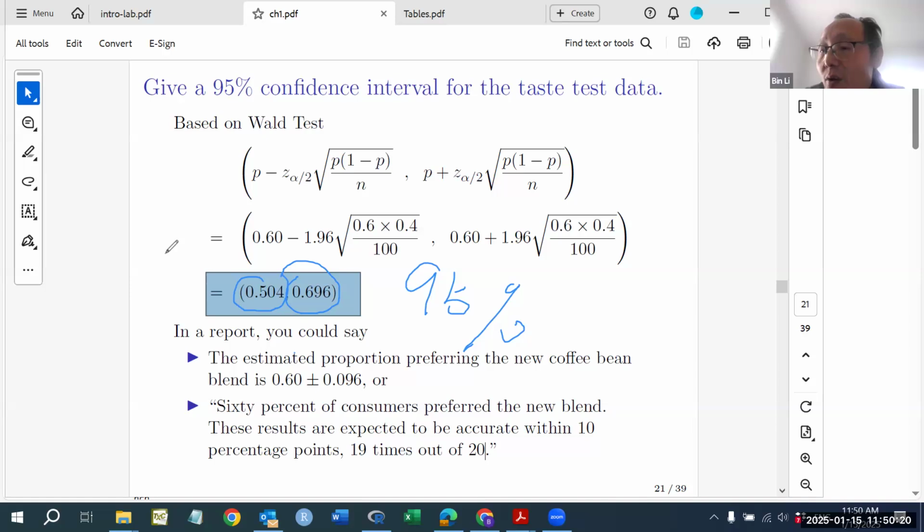So in the credible interval, there's a 95% chance this random parameter will fall into that interval. That's why in Bayesian statistics we have a different name. But in frequentist statistics, it's called a confidence interval. Very different, because what is random and what is fixed are totally different.